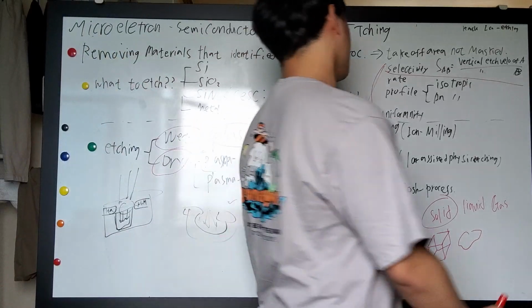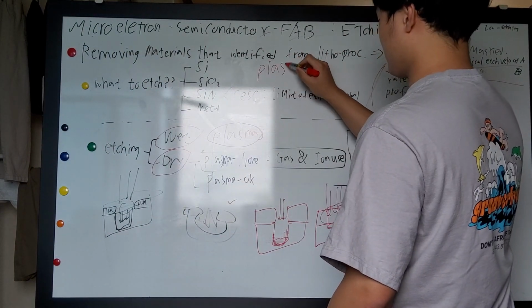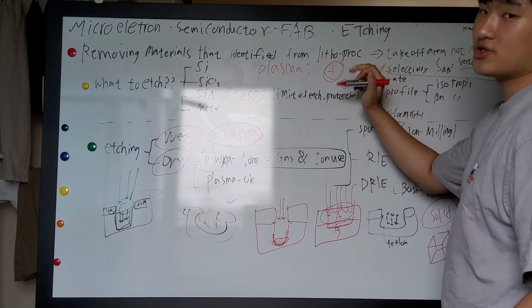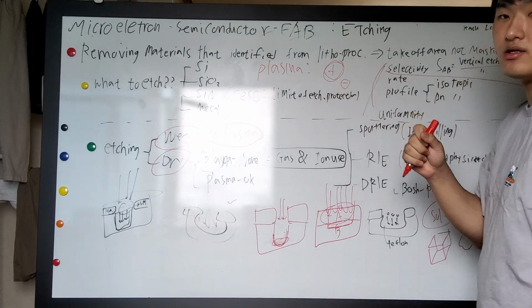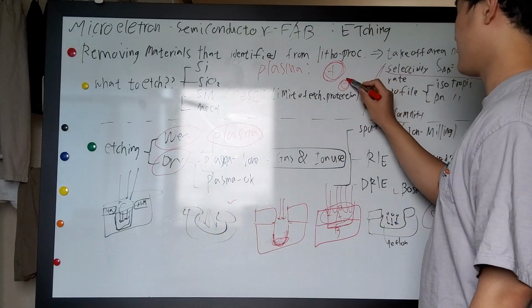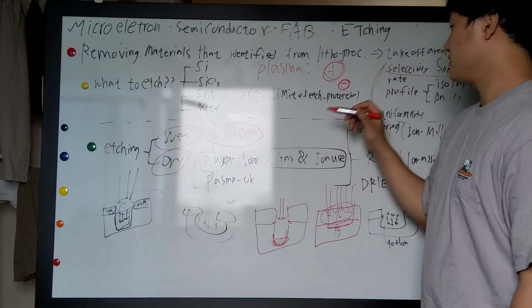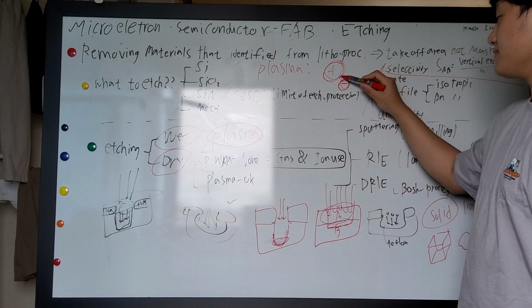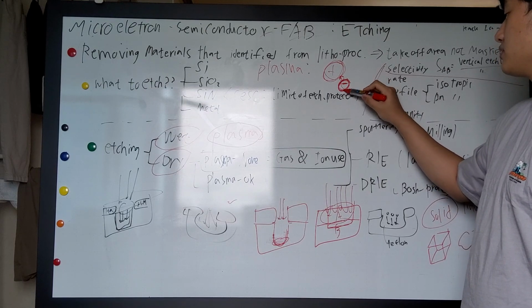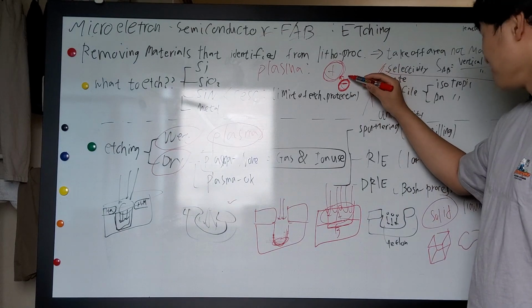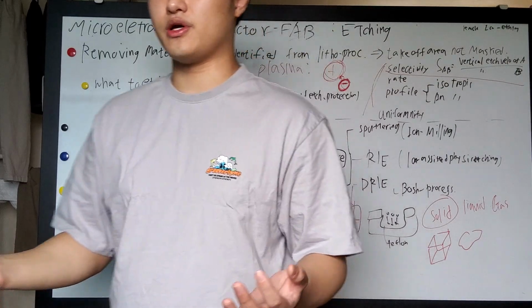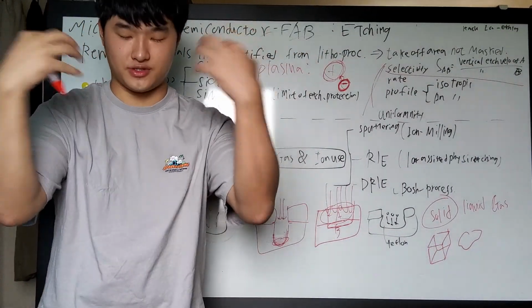And finally, plasma. Consider a molecule, with the nucleus at the center and the electrons around it. If the energy is not enough, by the orbital rules and chemical properties, the electron is still bound by the nucleus's attraction.